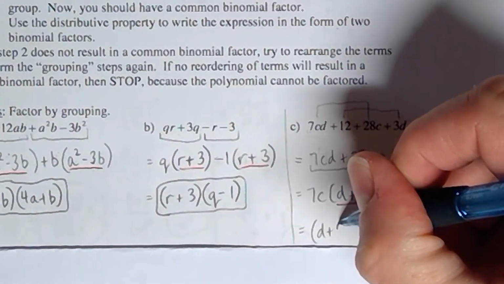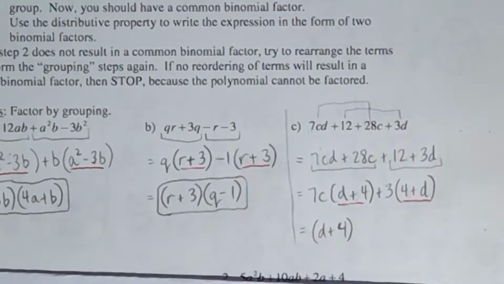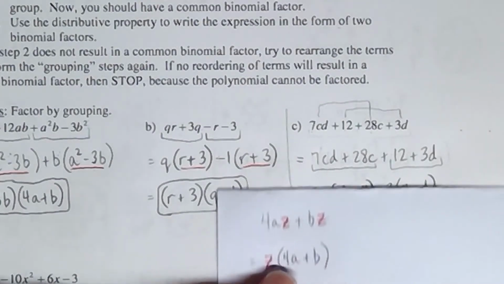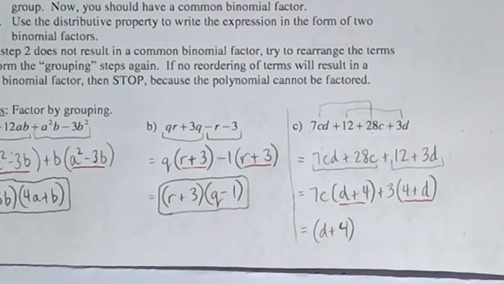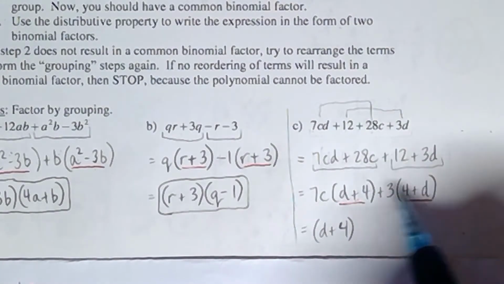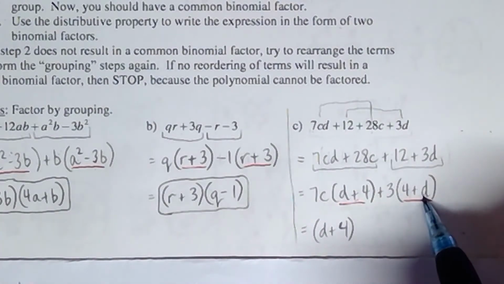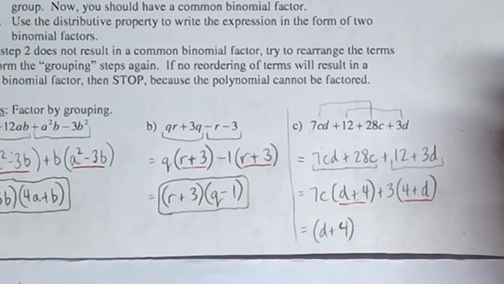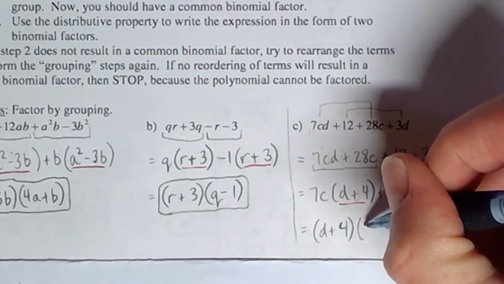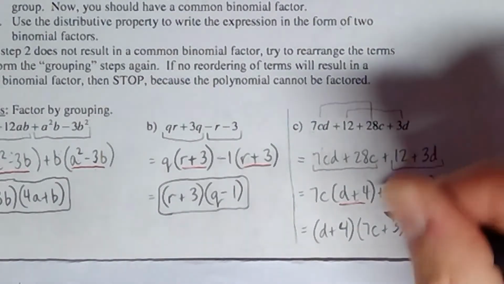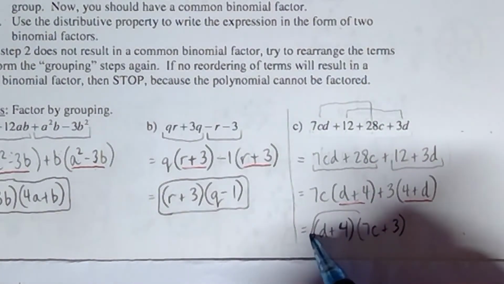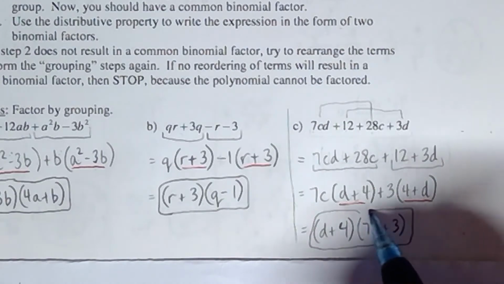Remember, you're only supposed to put one bracket, just like we said with the Z here. The two Z's just become one Z. So don't put both of the brackets in front, just one of these two, your choice. And then as we talked about, we put the 7C plus 3 in the other bracket. So there you go. We got our two brackets, so we're done.